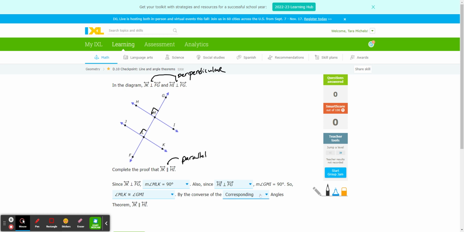So by the converse of the corresponding angles theorem, these two lines are parallel, HI and JK. Remember that corresponding angles said if the corresponding angles are congruent, and they're both 90 degrees, therefore the lines must be parallel.